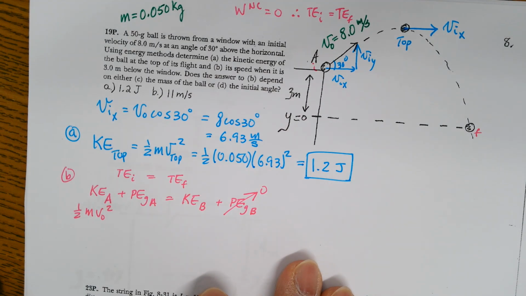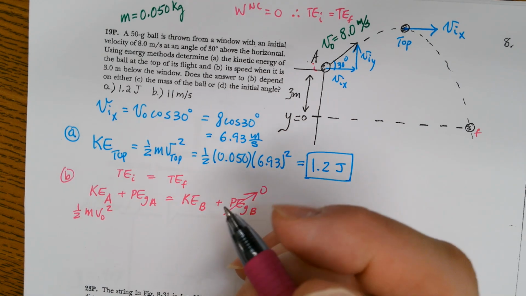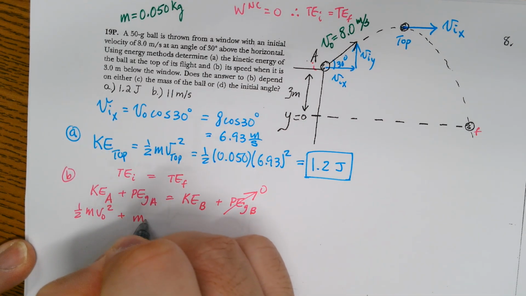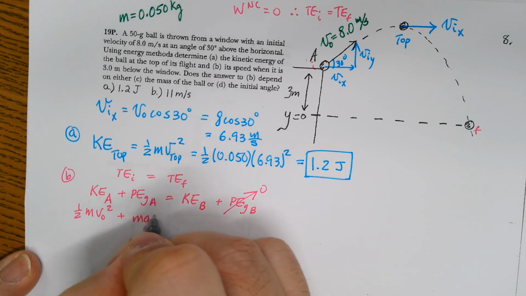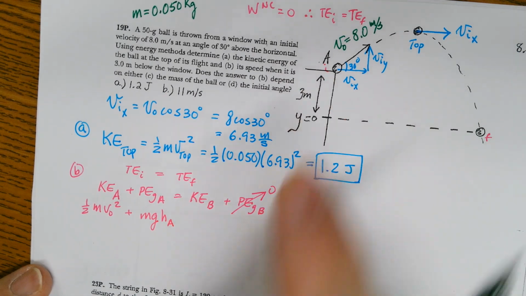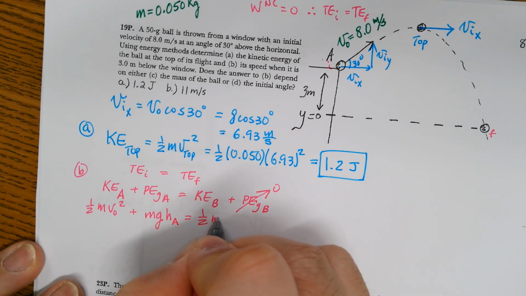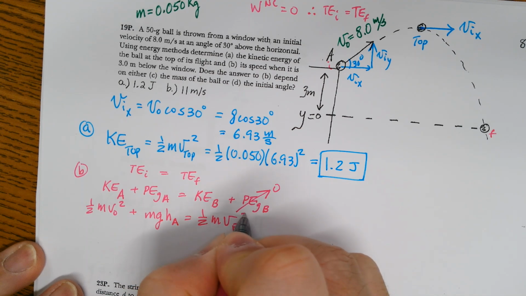Okay? Plus mg at hA, and that is 3 meters. That is equal to 1/2 m vB squared.